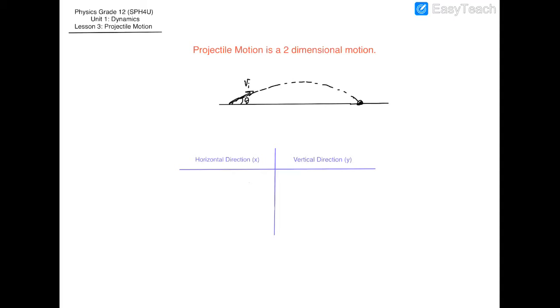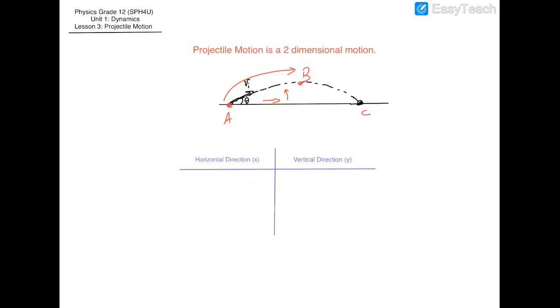The very important fact about projectile motion is that it happens in 2 dimensions. So it's a 2-dimensional motion. What I mean by that is, in this diagram, if I say the starting point is A, the top point is B, and the last point is C, then going from A to B, I'm going to the right and up.